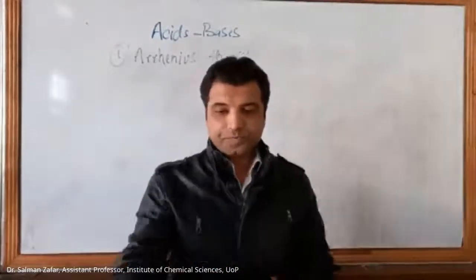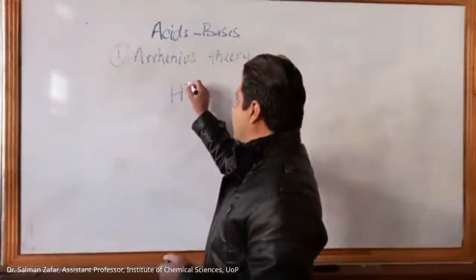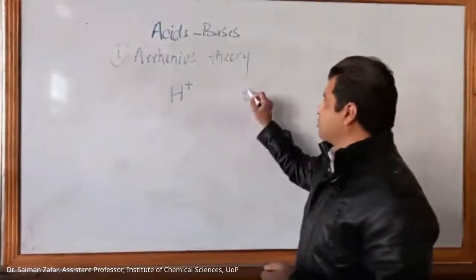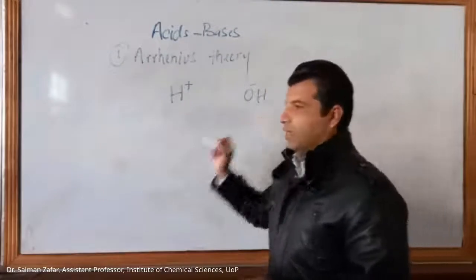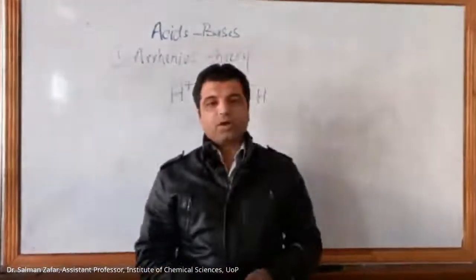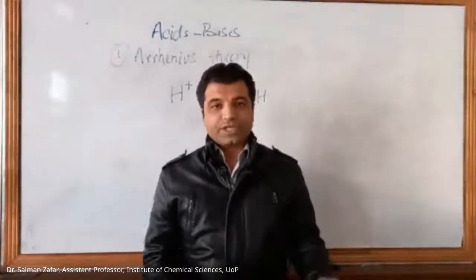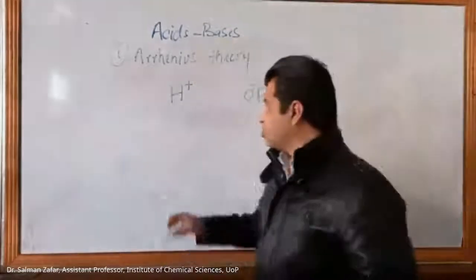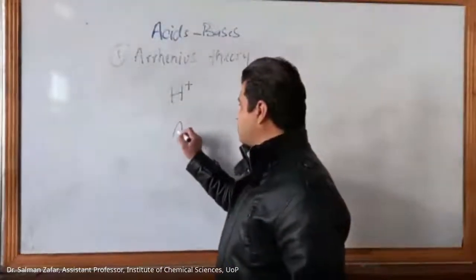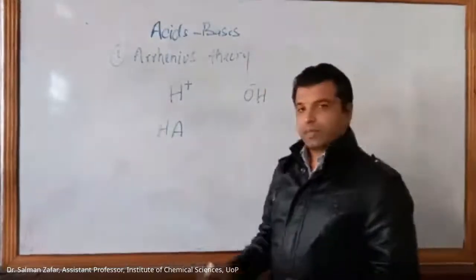So let's see what are the molecules that could produce hydrogen ions or hydroxyl ions in aqueous solution. You know that there are certain molecules which, when we put them in water, dissociate into ions. So you have a simple molecule, HA.